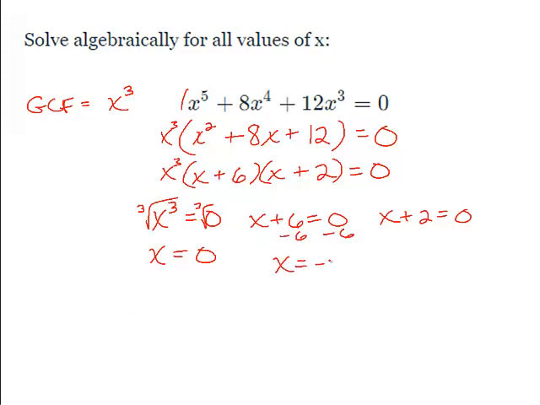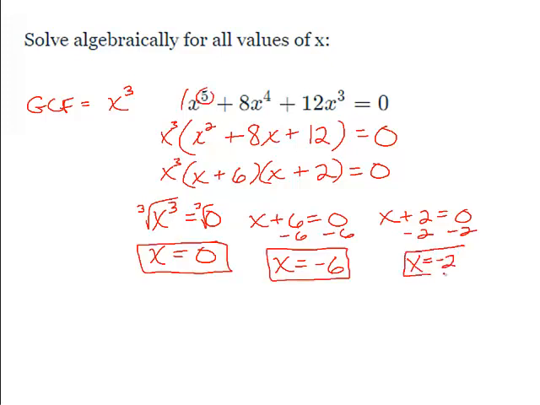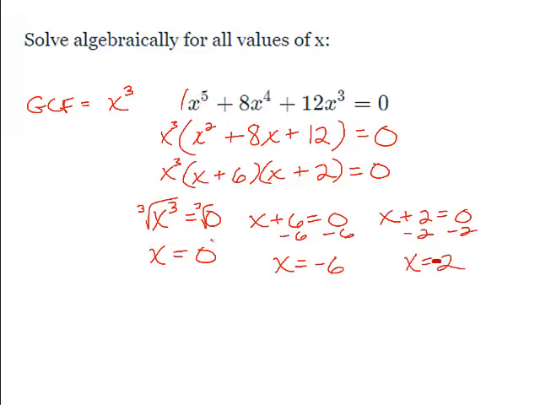So here we get x equals negative 6. And on our last one, we'd subtract 2 on both sides, and we get x equals negative 2. So my solutions are x equals 0, x equals negative 6, and x equals negative 2.